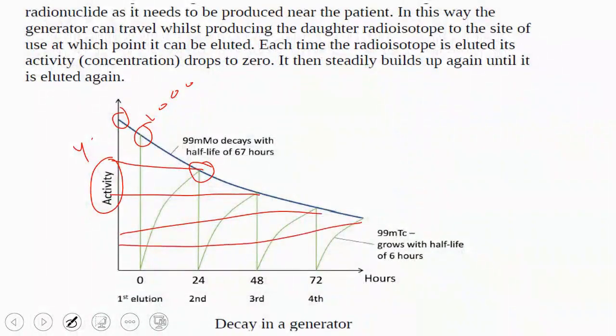Because the radioactive activity of the molybdenum itself is decreasing, and consequently the produced activity is diminishing. The technetium activity decreases every day, so I perform elution every day, meaning I do milking every day. This milking process is referred to as the cow machine. For me, the cow machine is essentially the generator.